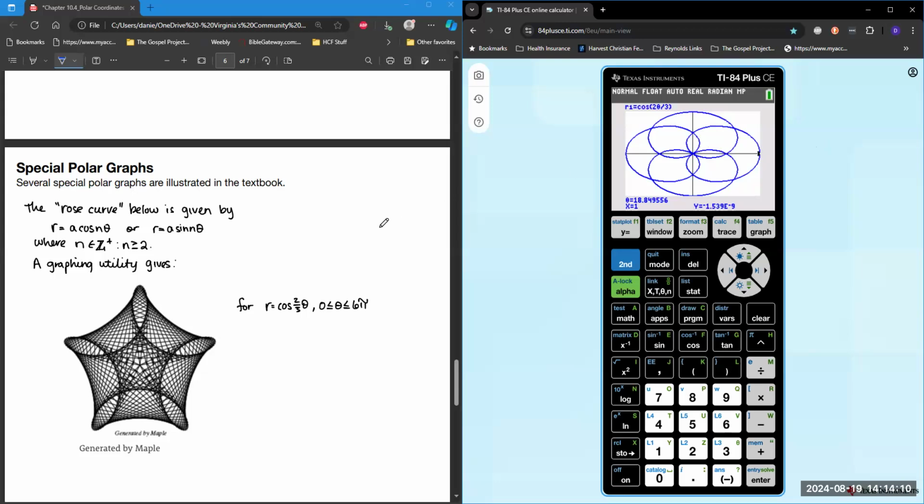So that's what we're going to come back and talk about next time, is how we take these graphs and identify where the graph crosses itself to help get some of the boundaries. Then we can find arc length and we can find area of those polar regions. That'll be what we come back to next time.